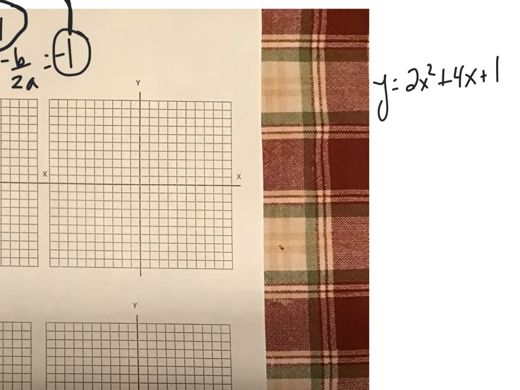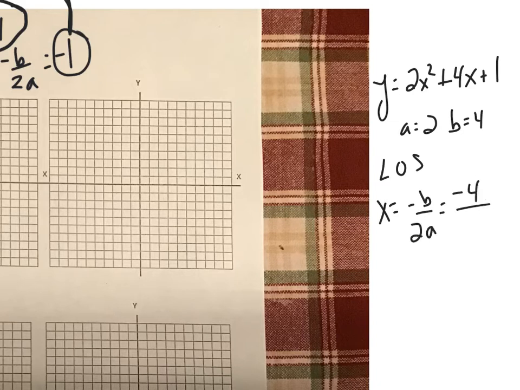Okay. So now my a is 2 and my b is 4, right? So my line of symmetry is x equals negative b over 2a. So negative b would be negative 4, the opposite of 4, over 2 times 2, which is going to be negative 4 over 4. So x is negative 1 again.